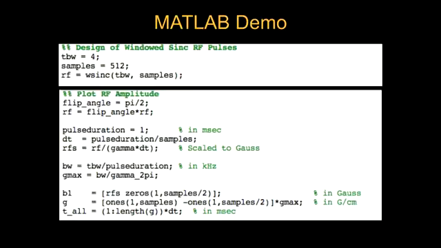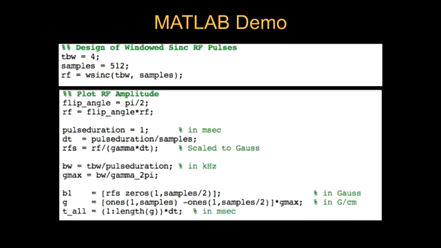On the course website, I put the MATLAB scripts showing how you create the RF pulse and how you test it using a Bloch simulation. Bloch simulation is basically solving the Bloch equation numerically, or you can use the small tip angle approximation with a Fourier transform relationship.